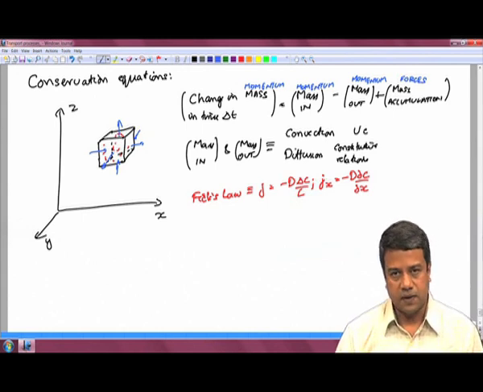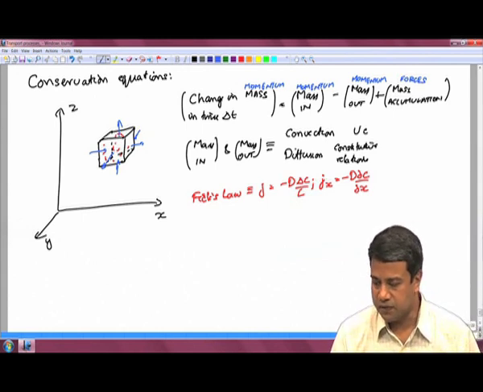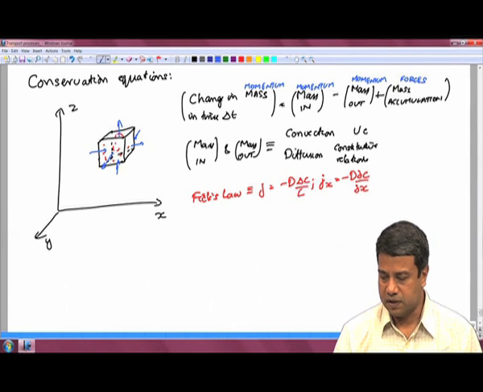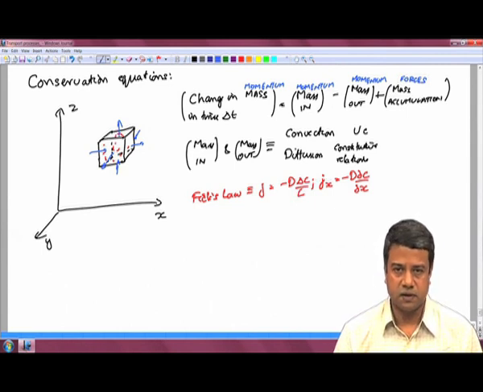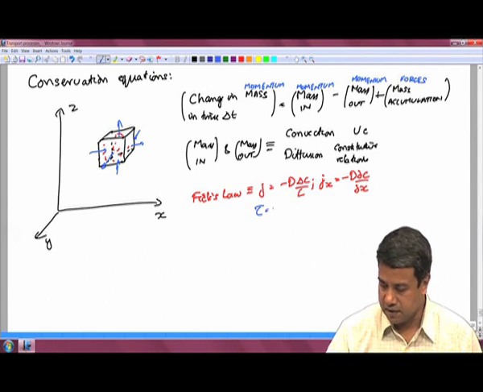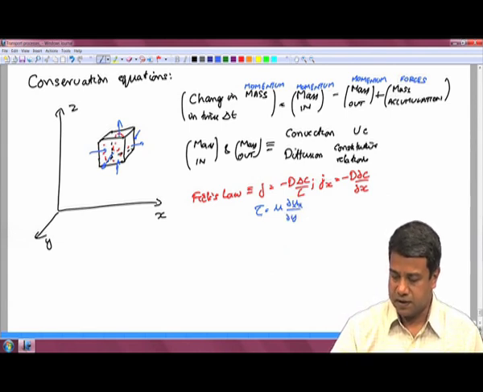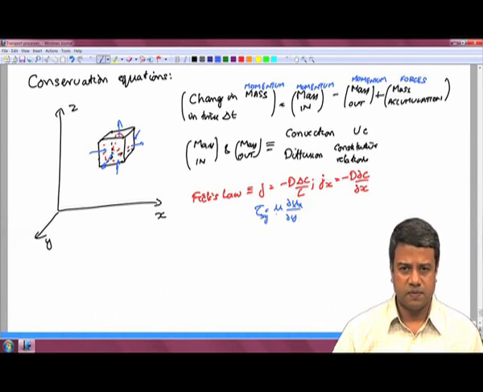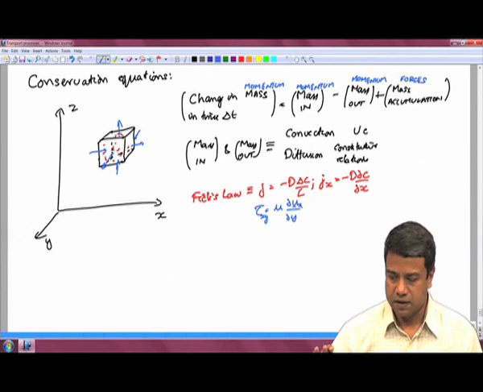Once again, for momentum transport, there are two effects, convection and diffusion. Diffusion is given by the constitutive relation, which is the equation for the stress. This is the shear stress tau xy. I will come and specify this for you in the next lecture more precisely, but the analogy is exact between mass and momentum.